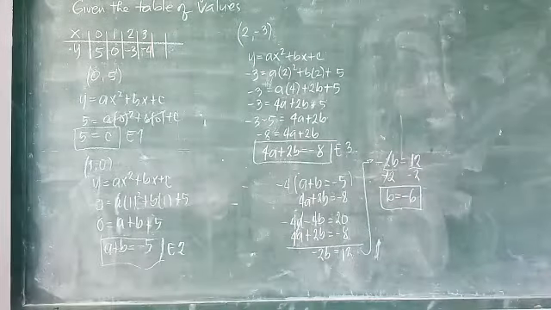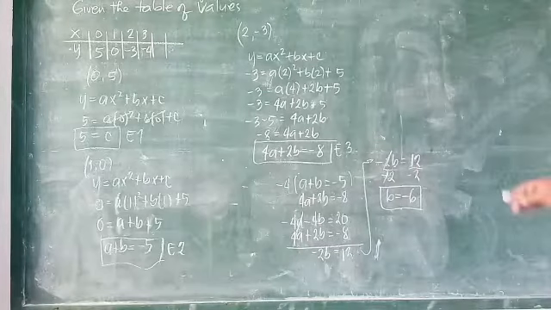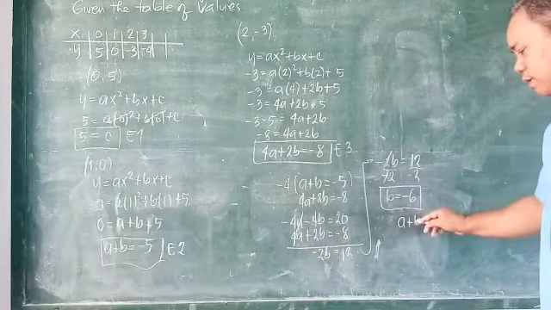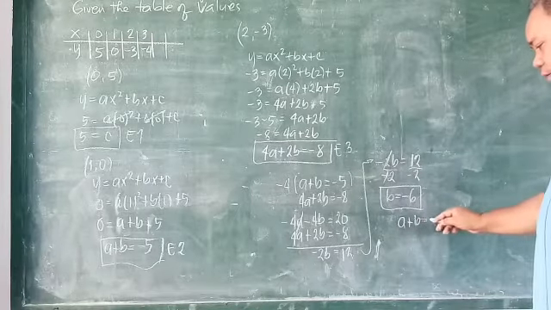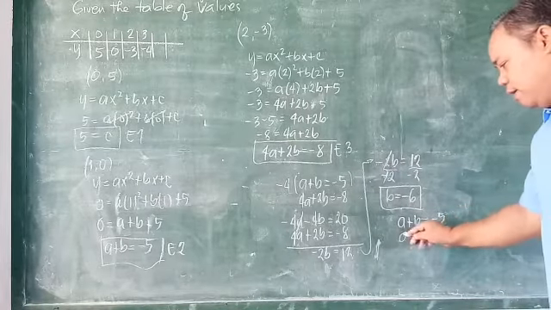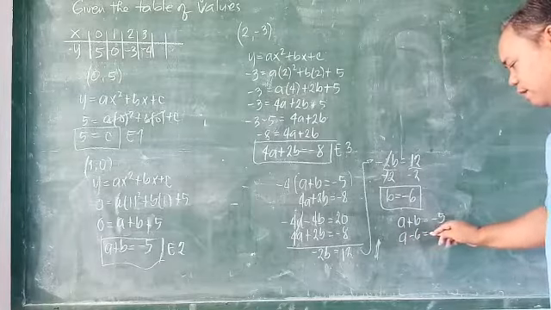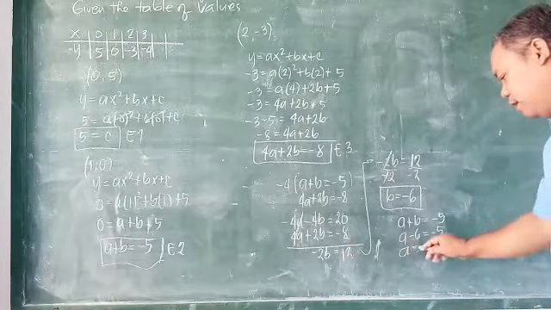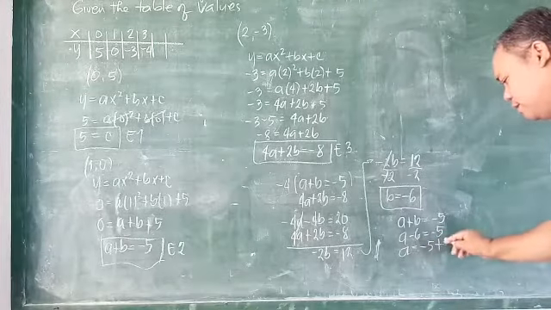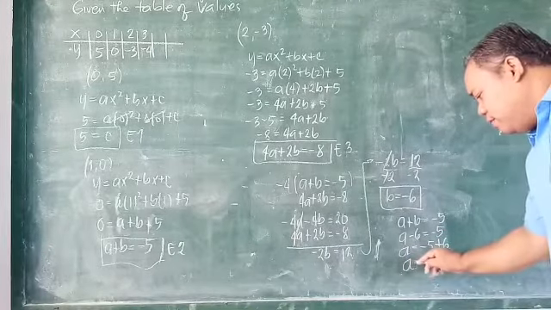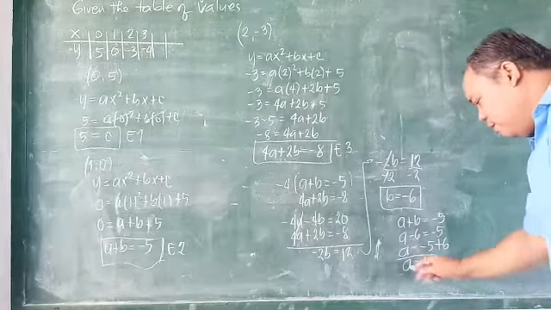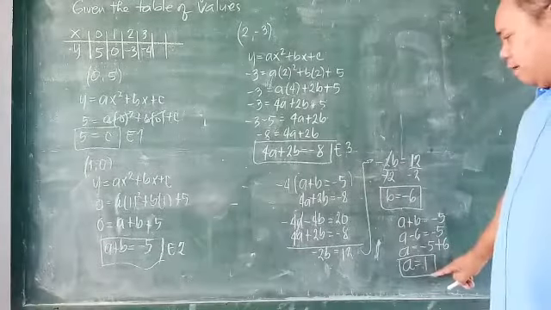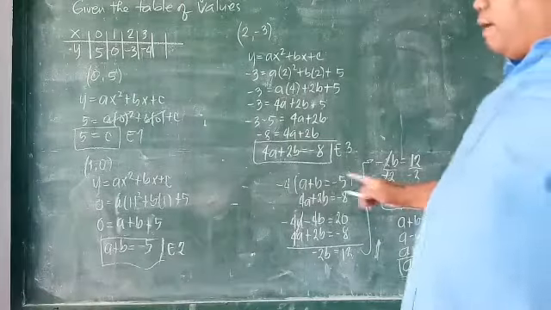Now, let us solve for the value of a using equation 2, a plus b equals negative 5. So a minus 6 equals negative 5, so a equals negative 5 plus 6. Your a here is equal to 1. That will be the value of a, the value of b, and the value of c.